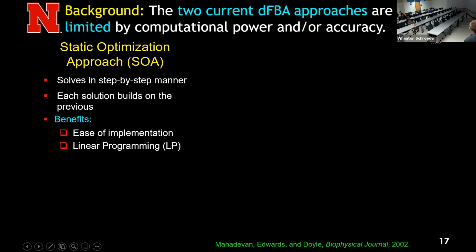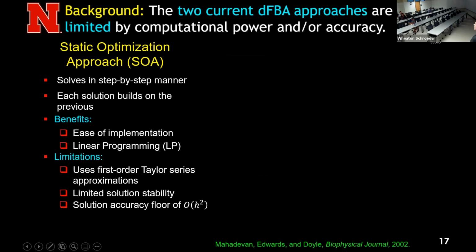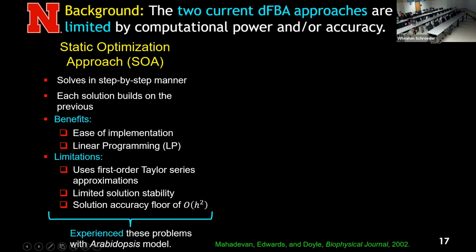The first is called the static optimization approach, or SOA. It solves in a cumulative and step-by-step manner and is easy to implement and utilizes linear programming. However, its limitations are that it uses a first-order Taylor series approximation, which limits both solution stability and solution accuracy when you go to solve, especially for a large number of time points.